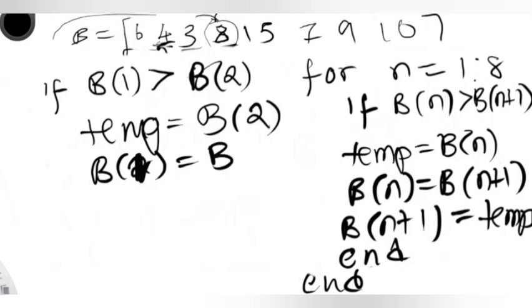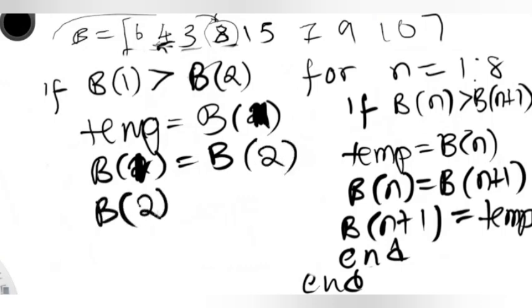Even here there's supposed to be a 1. Okay, b1 is equal to b2, and b2 is equal to temp. Then we end.